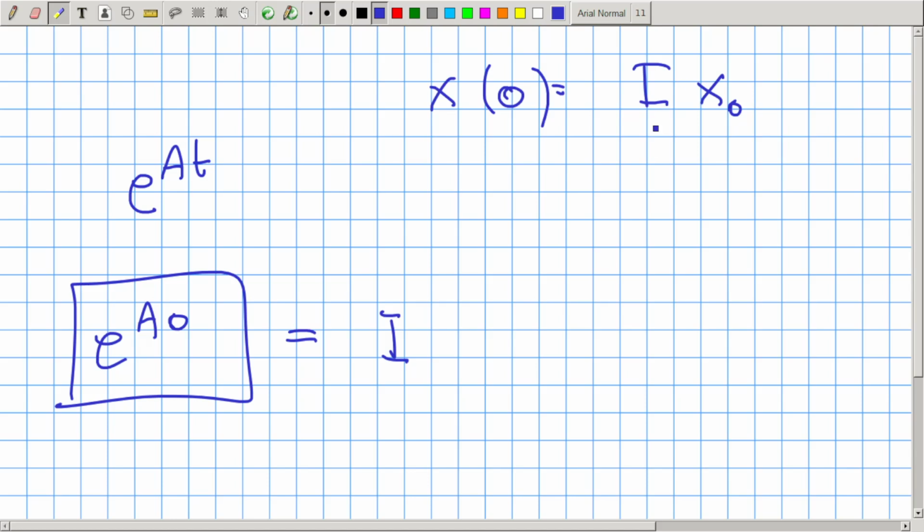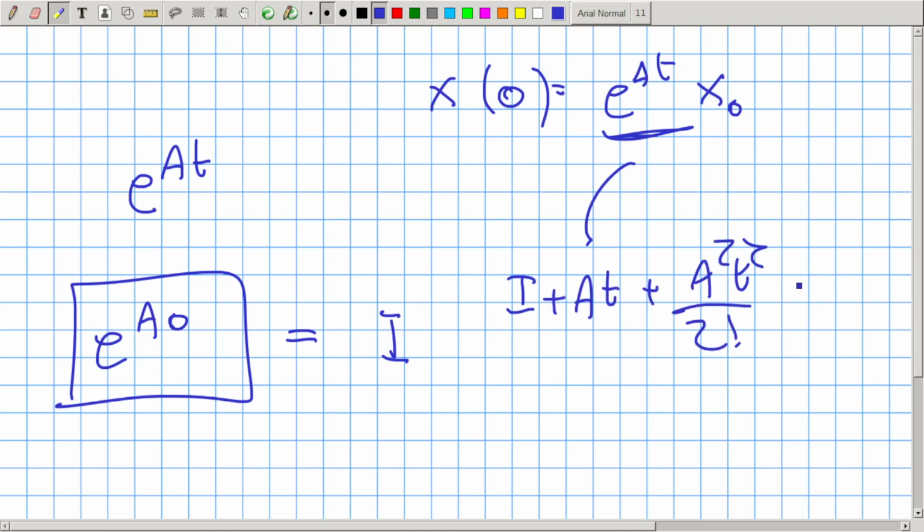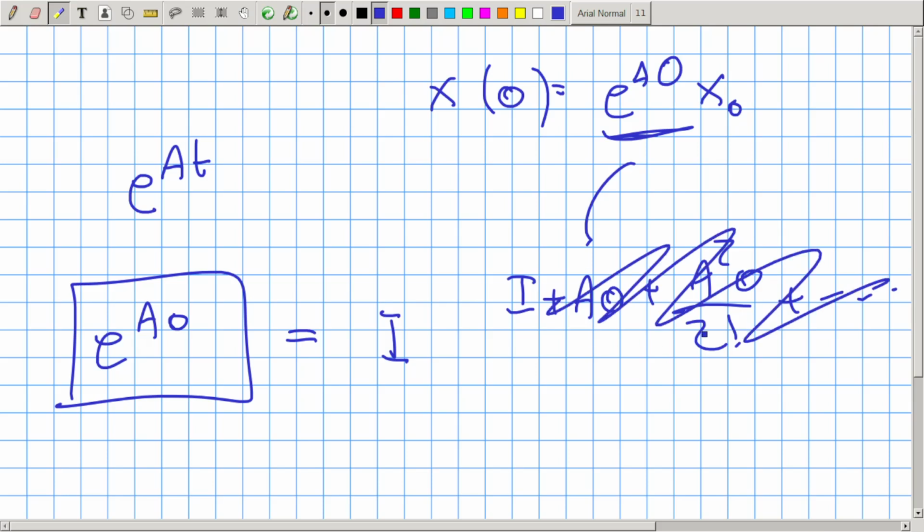Let's see it also through the matrix exponential. This one is defined as identity plus At plus A squared t squared divided by 2 factorial plus etc. True? If I put 0 here, 0 here, 0 here, all this stuff goes to 0.